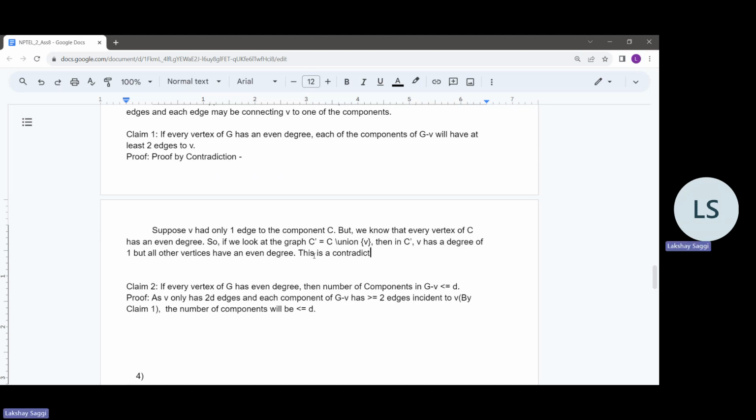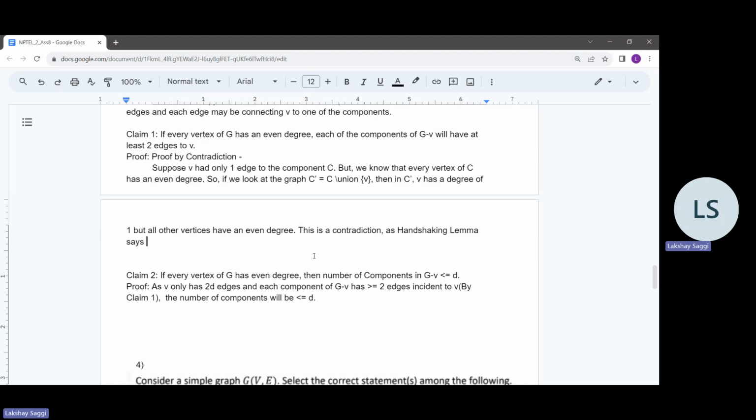And why is it a contradiction? Because of the handshaking lemma. And what is handshaking lemma? This handshaking lemma was discussed in the lectures also, I believe. The handshaking lemma says that in any graph, there should be an even number of odd degree vertices.